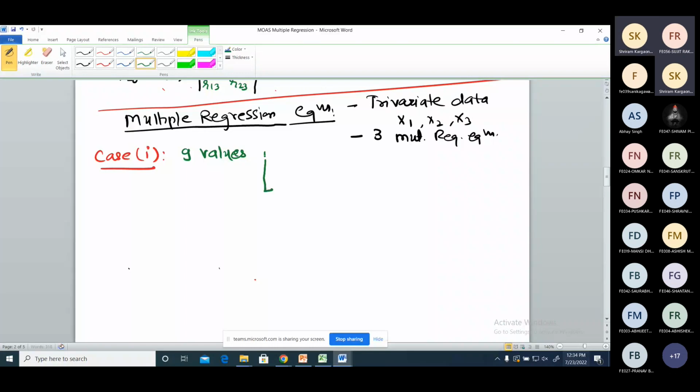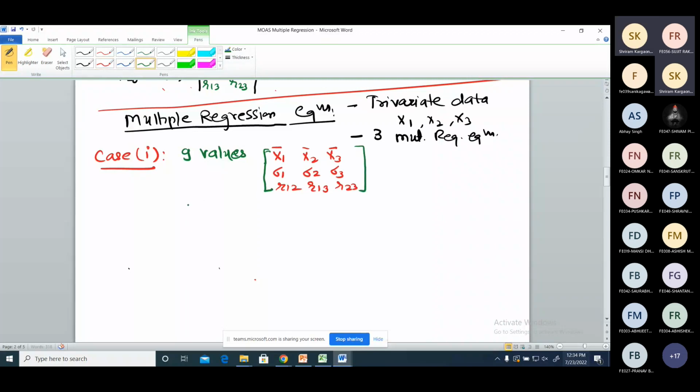If you are given x1 bar, x2 bar, x3 bar, then all three standard deviations 1, 2, 3, then simple correlations R12, R13, and R23, so these 9 values are given.